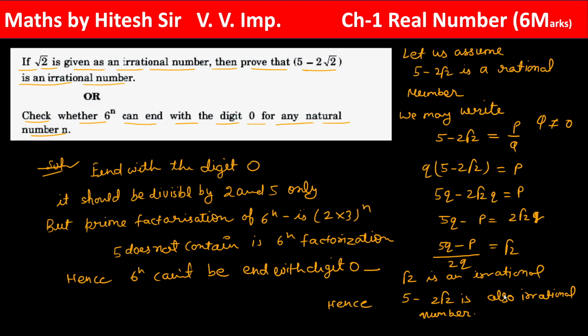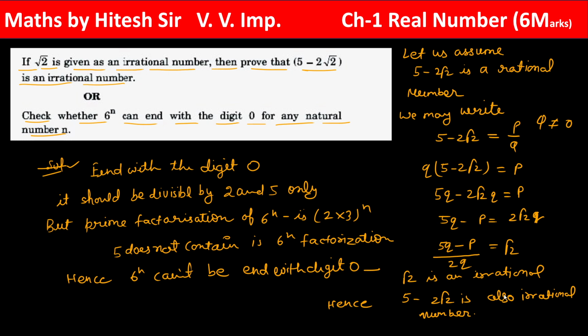Very few concepts are there. You need to understand, and try to give the answer. Please practice once, twice, three, four times, as many times as you need, because these questions come in your examination.